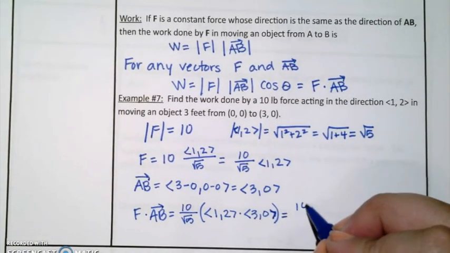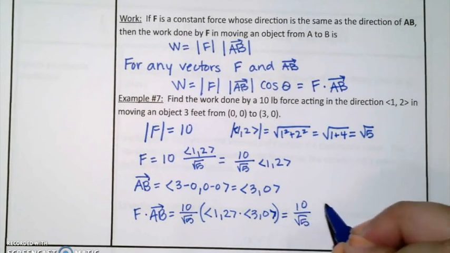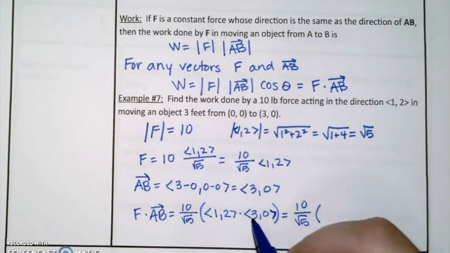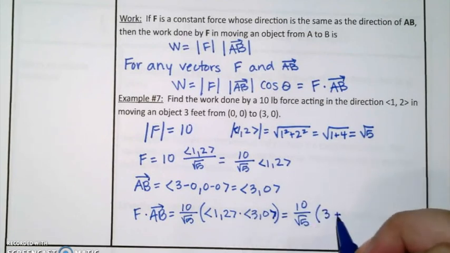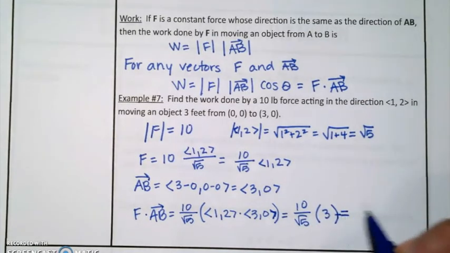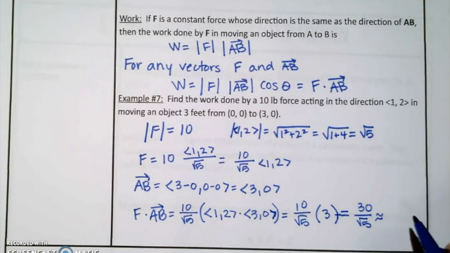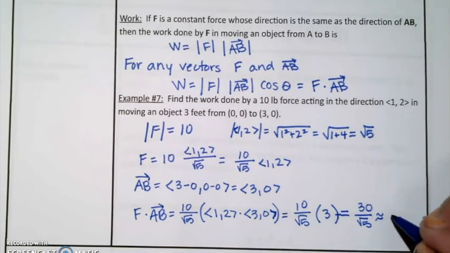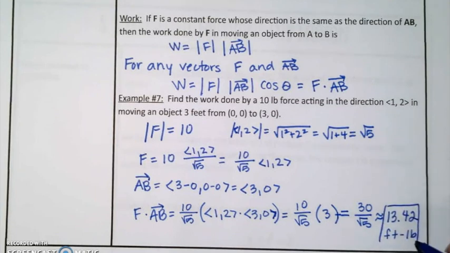So this equals 10 divided by the square root of 5 times 1 times 3 plus 2 times 0, which equals 30 divided by the square root of 5. Put that into a calculator and you will find that is 13.42 foot-pounds. And that is a measurement of work.